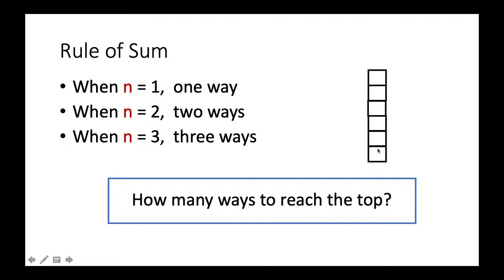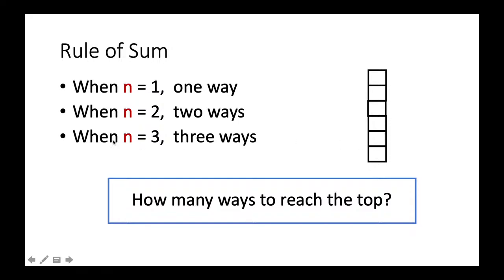For the first step, the person can either go 1 or go 2 as his first choice, right? If the person goes up 1 step in the first choice, then he will have 3 ways to go up the remaining steps, because after going up 1 step, there are 3 steps remaining.